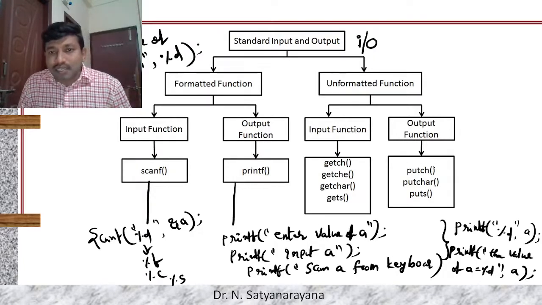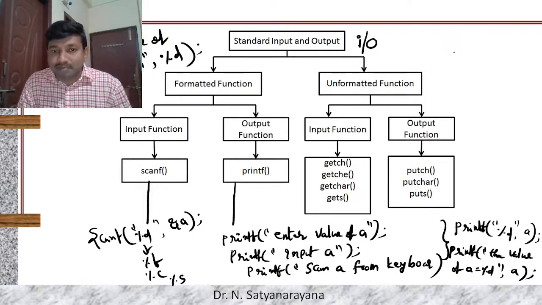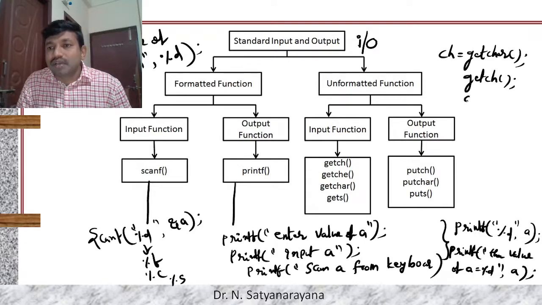Whereas if you see the unformatted functions, you don't have such a privilege. The user doesn't have such a privilege. For example, if you want to get a character from the keyboard, what you need to do is simply say ch is equal to getchar. That's it. Or you can write ch is equal to getch, or you can write ch is equal to getche.